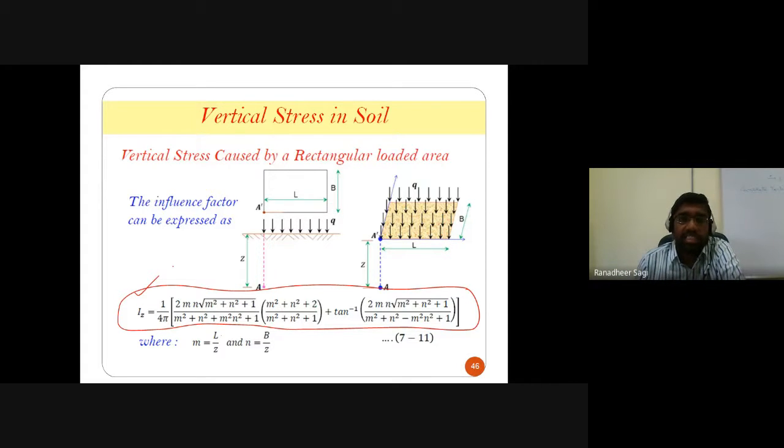But here let us understand, even in the case of your circular loaded area, when I was talking about it earlier, I said the expression given there is useful for calculating your so-called vertical stress at any point below the ground surface, but that is with respect to the center of the loaded region only.